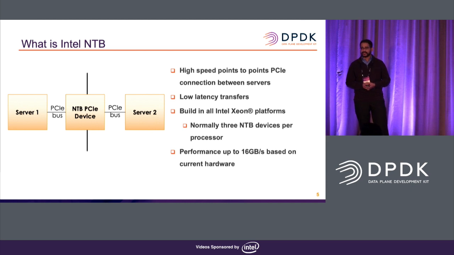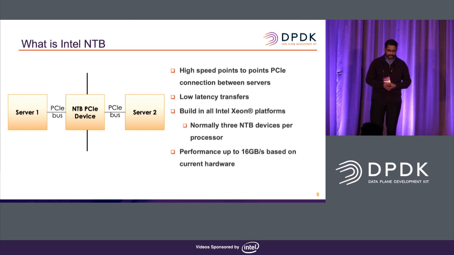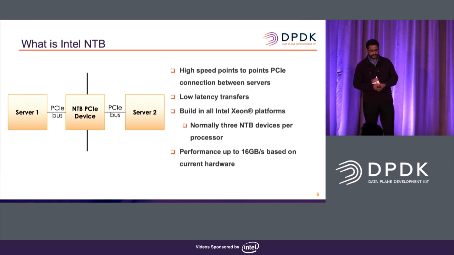So it's low maintenance, and you don't require any special hardware to enable it. All the Xeon platforms have the NTB device. So the only thing is you need to enable it and get the benefit out of it. On the current processor, it supports 3 NTB devices and performance up to 16 gigabytes per second for the current hardware.